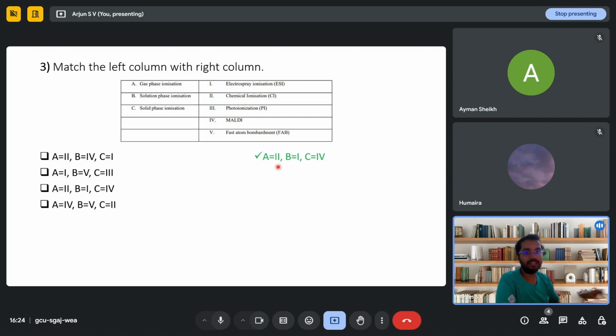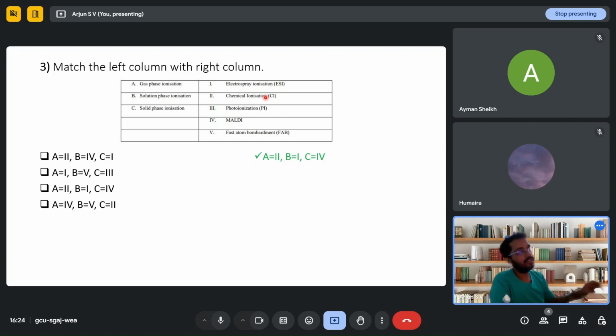But let's just see the other options as well. So your gas phase ionization will be your chemical ionization. Actually, wait. Yeah.